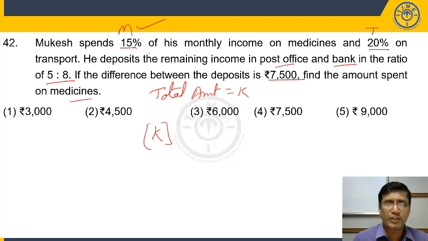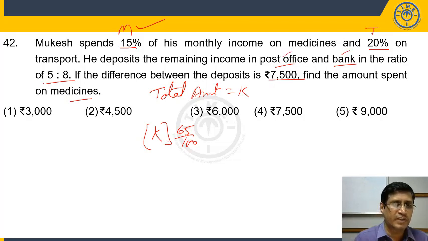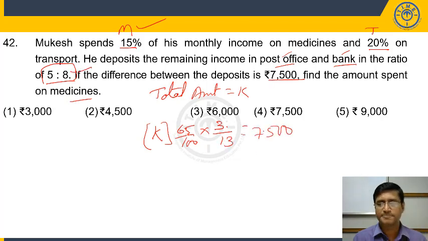Subtract from 100, it will give 65. So 65% of K he deposited in the post office and the bank, whereas the ratio is given as 5:8. And what is the difference in the ratio? 3 parts. Sum of the ratios is 13, which is equal to 7,500.